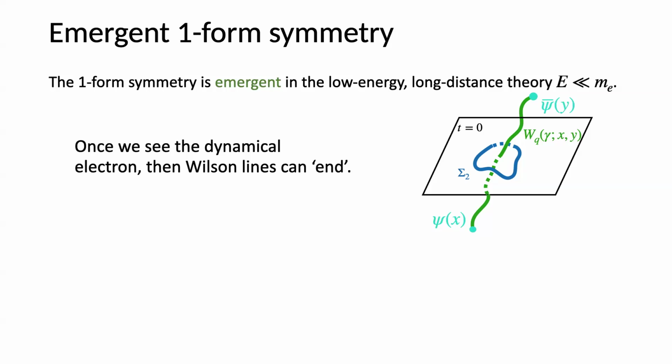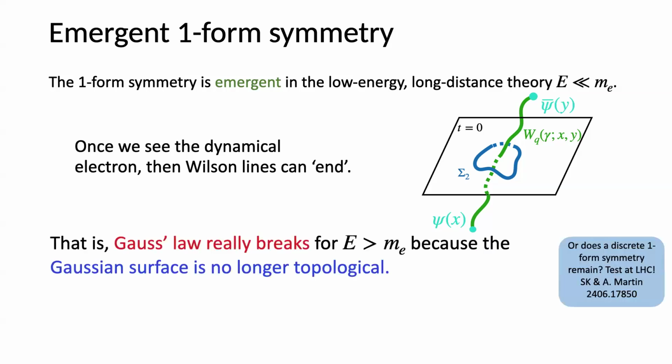And then there's no chance that Gauss's law could compute a topological invariant. Gauss's law must break because I could deform this Gaussian surface straight off of my Wilson line. There's no chance that there could be something topological that Gauss's law computes anymore. And indeed, Gauss's law really breaks when you go above the mass of the electron.